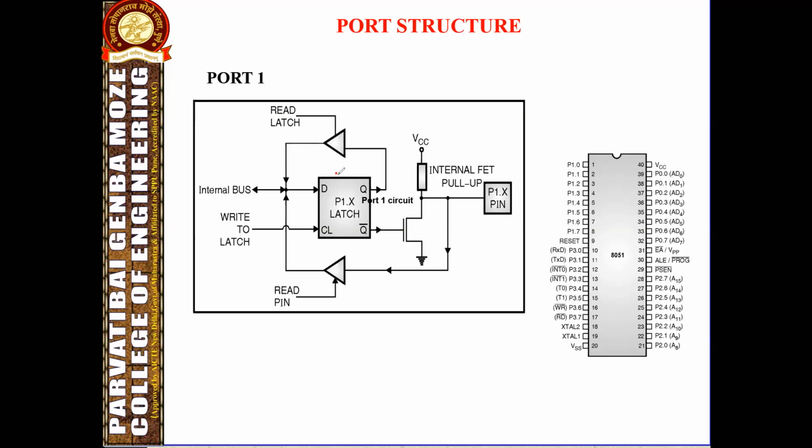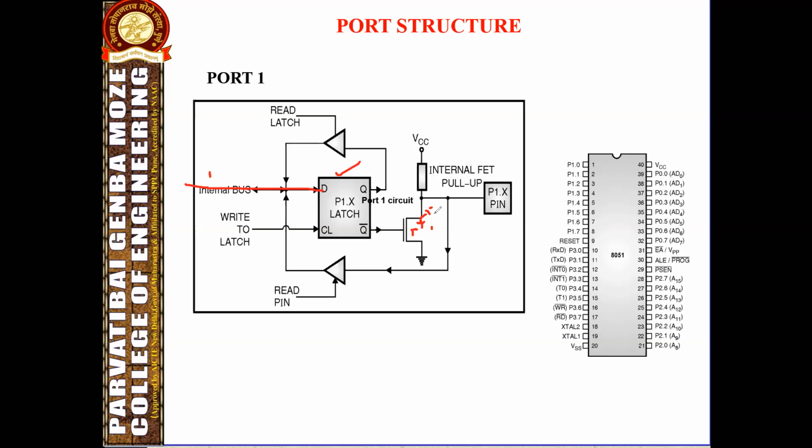See here, one D latch flip-flop is here, and this D flip-flop is directly connected to the internal CPU bus. Then the complemented output of the D flip-flop is connected to the FET transistor.